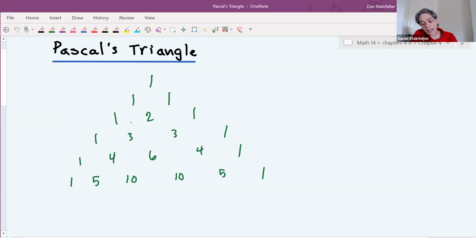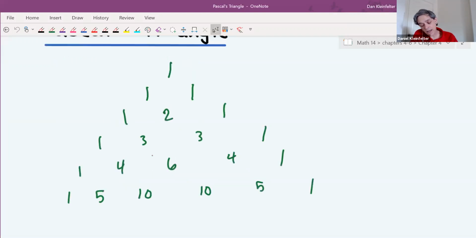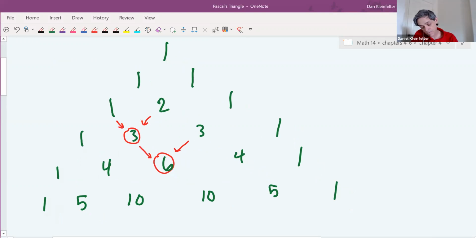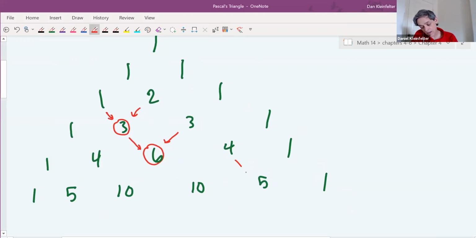And then other than that, each entry in the triangle is the sum of the 2 entries above it. So here, 1 plus 2 makes 3. 3 plus 3 makes 6. And then 4 plus 1 makes 5. 6 plus 4 makes 10, right?